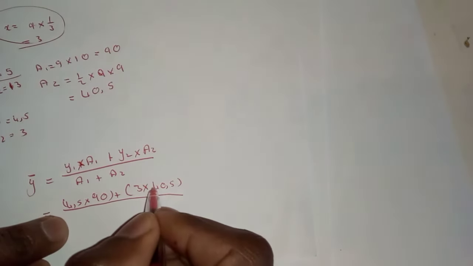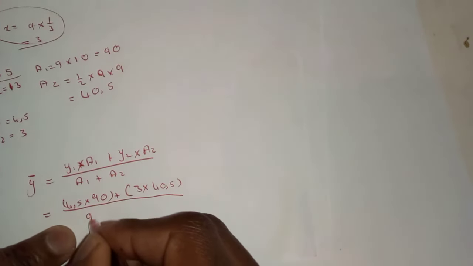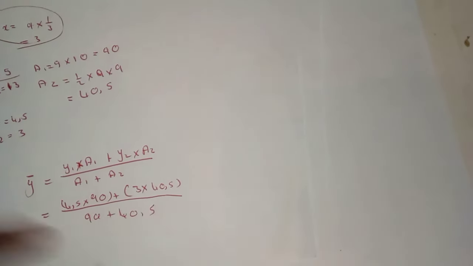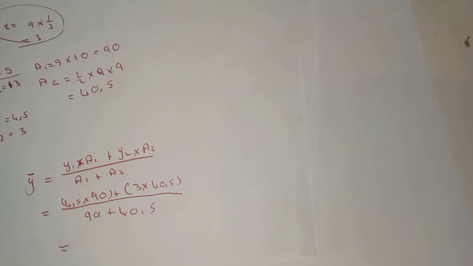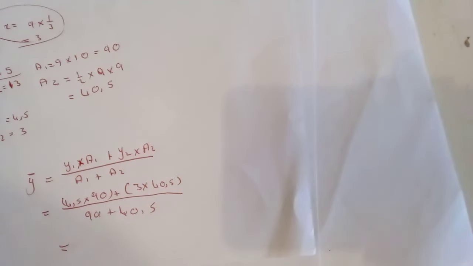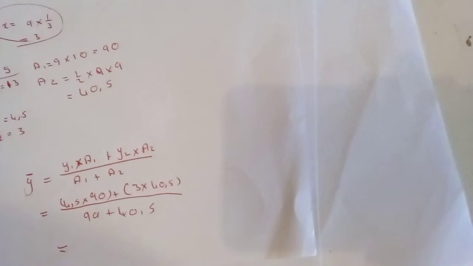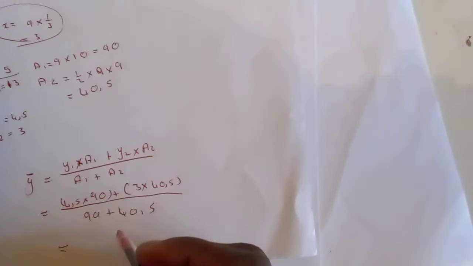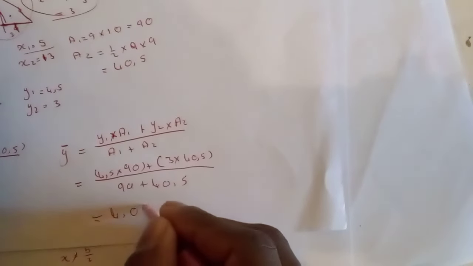And then the total area will be 90 plus 40.5, which will give us our value as 4.0345.